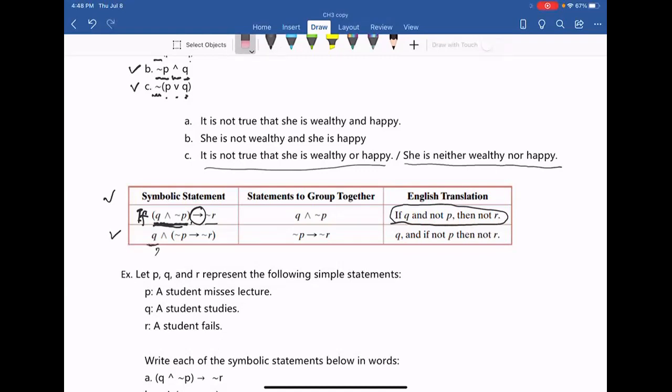If not P, then not R. So in a very complex statement, you can use the comma to separate or break your sentence. It's easy for the reader to understand your English translation.